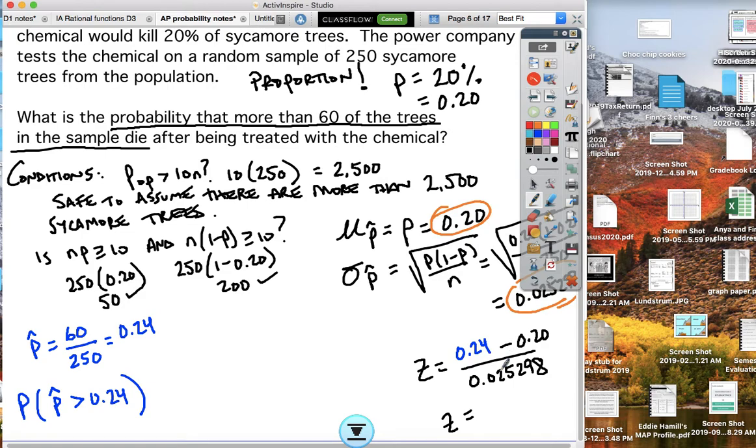So typing all that in your calculator, your z-score turns out to be 1.58. So that means we're looking for the probability that our z-score is greater than 1.58. And remember that when it's greater than, we do 1 minus. So we get our chart out.